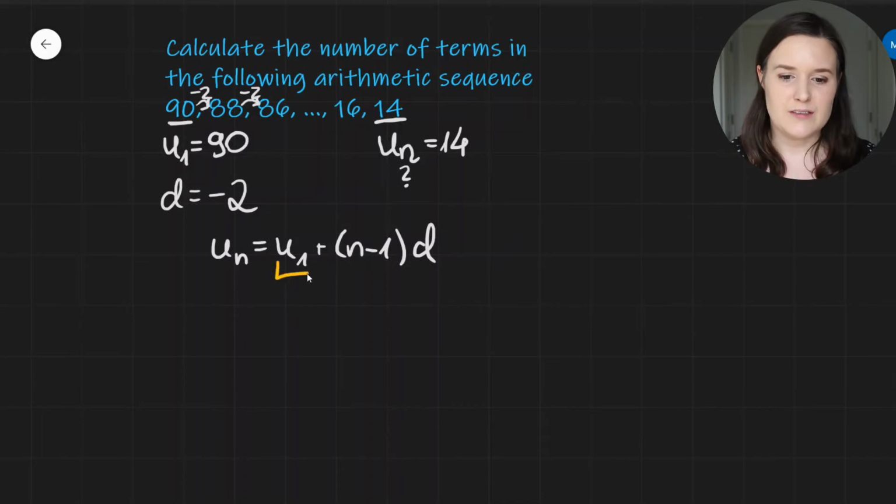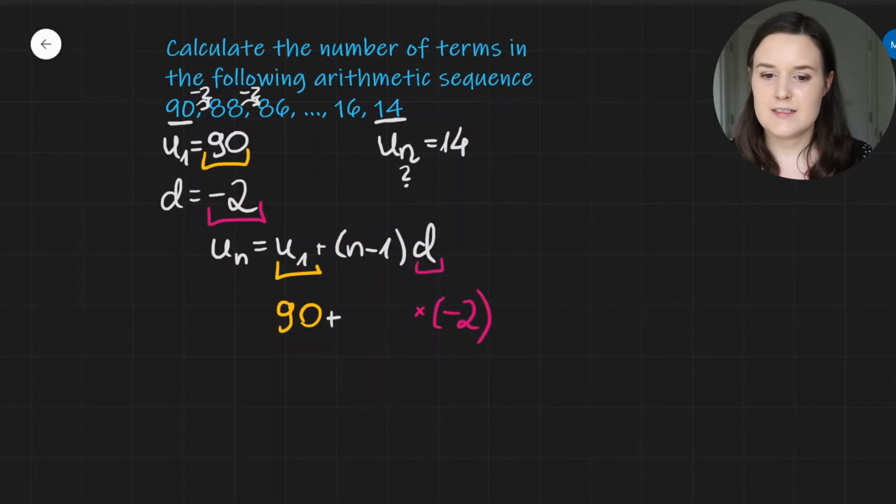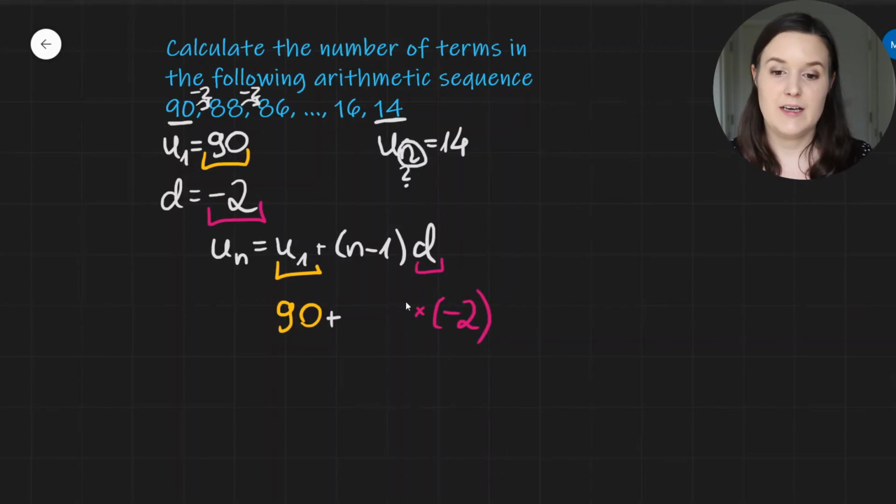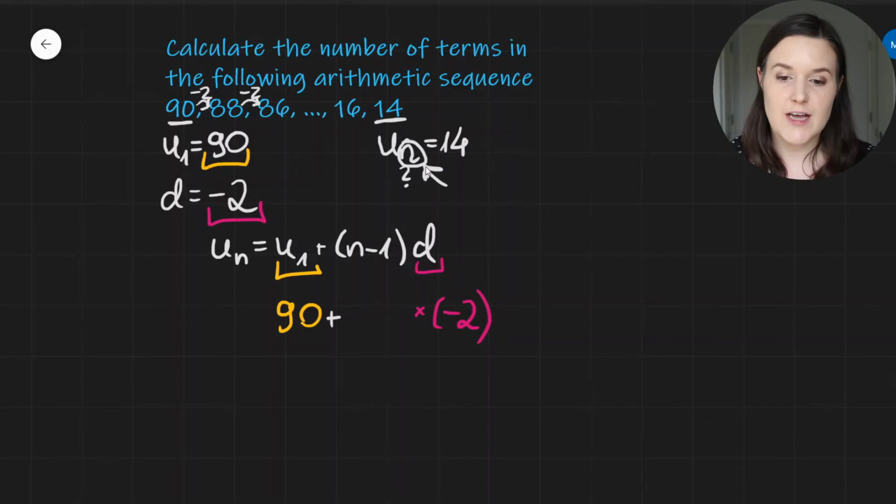I have u1, u1 is 90. I have d, the common difference here is minus 2. n is unknown because this is what I have to find. I don't know which term it is, so I will just write n minus 1.